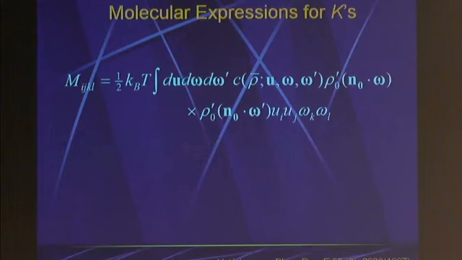So, molecular expressions for Frank elastic constants. We define a tensor in terms of direct correlation function and the derivative of the initial uniform distribution function given by n0, director, and angular variable that is basically pointing along the long axis of the molecule.